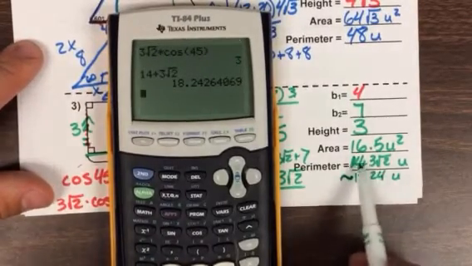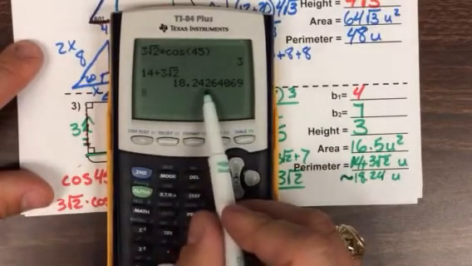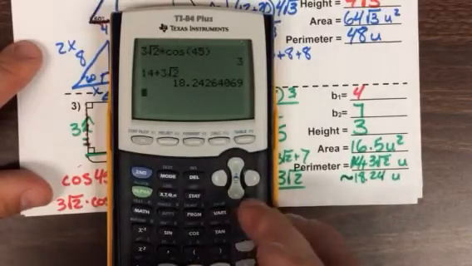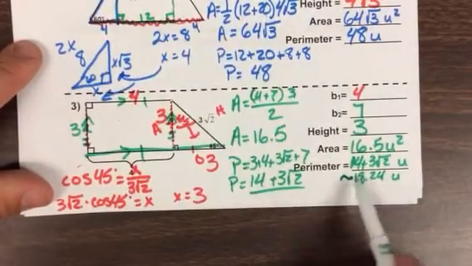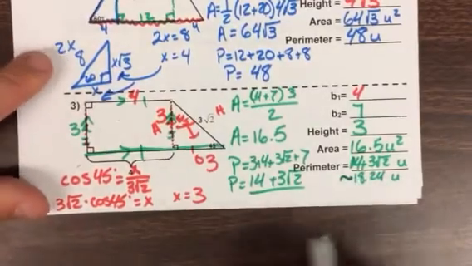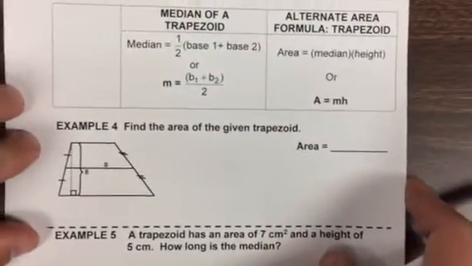Because when I type it into the calculator, it's 18.24 and continues on. So it is your job to denote if it's an approximate number. If you've typed it in and it's not exact, you can just put that tilde, and that's a great way of saying approximately.